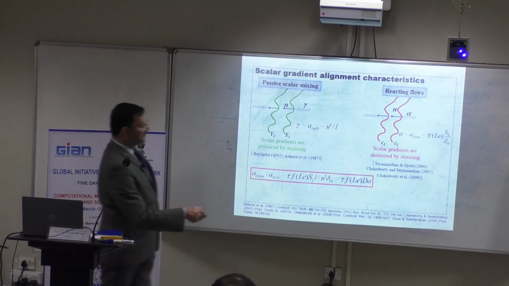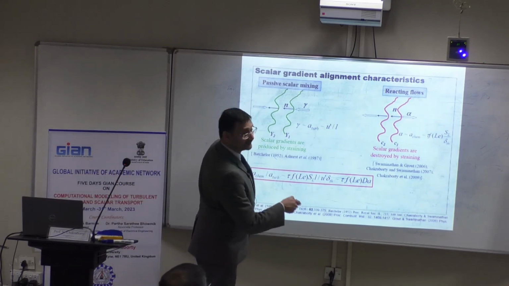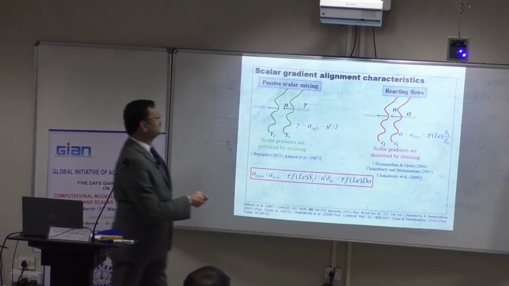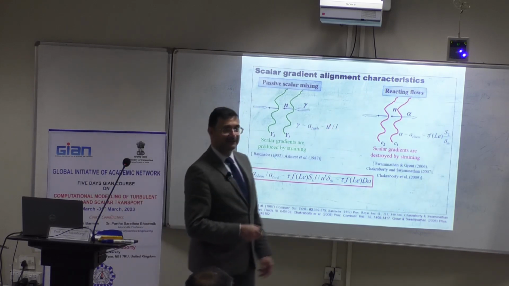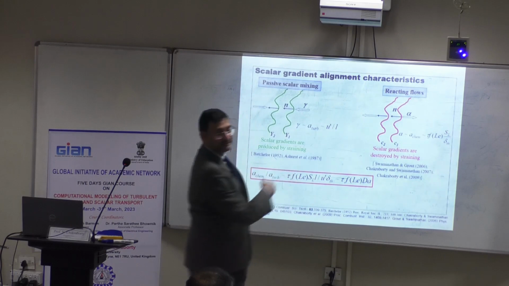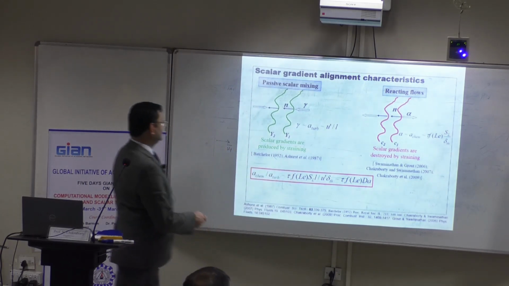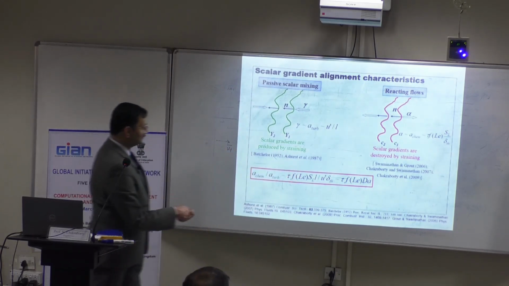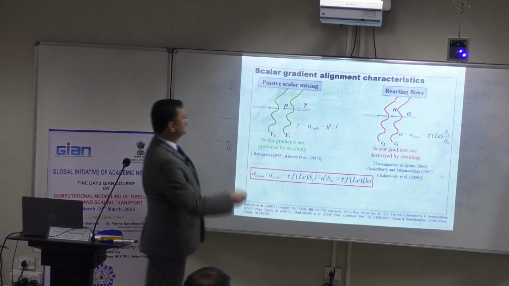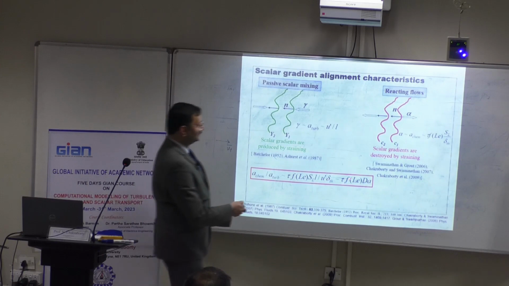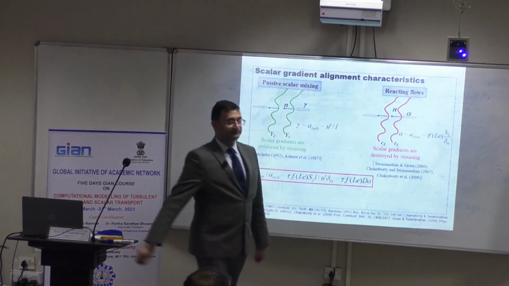So when this one wins over turbulent straining, then it happens. When turbulent straining, which is basically given by U prime over L, wins over this, you will end up with this one. So these two effects can be shown in this way. For small values of Damköhler number, you are going to see this. For large values of Damköhler number, you are going to see this.